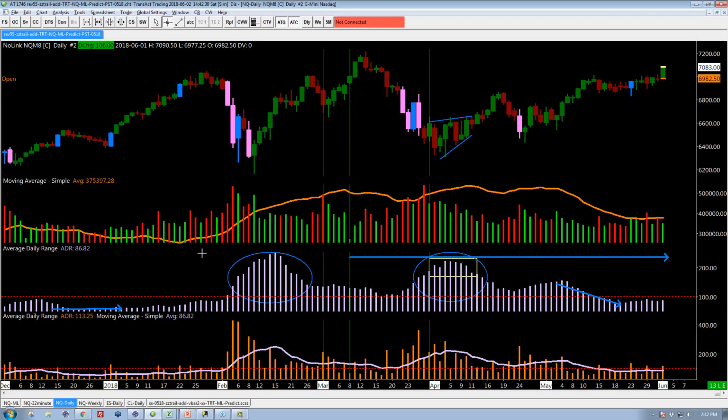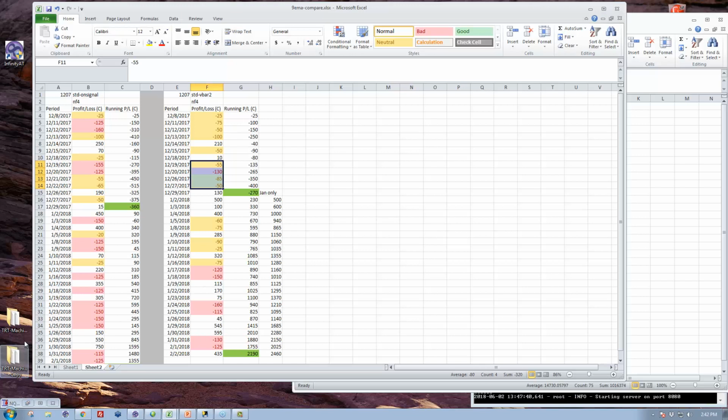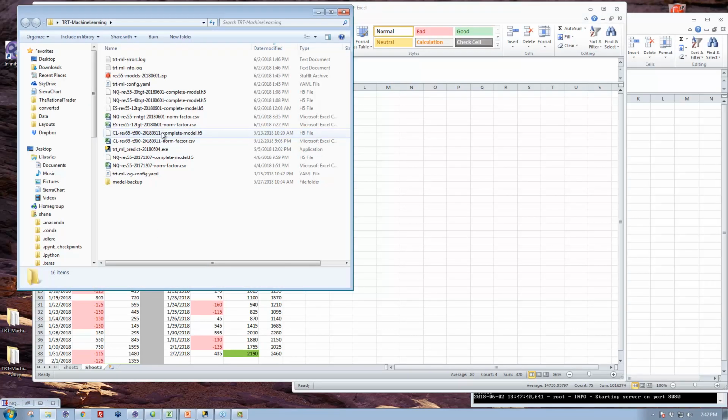I did modify it a little bit, so it's not built for 45 ticks. It uses a 40 tick target. Just in model construction, that turned out to be better. So when you download your models this week, you're going to see an NQ Rev 55 30 target and a Rev 55 40 target.